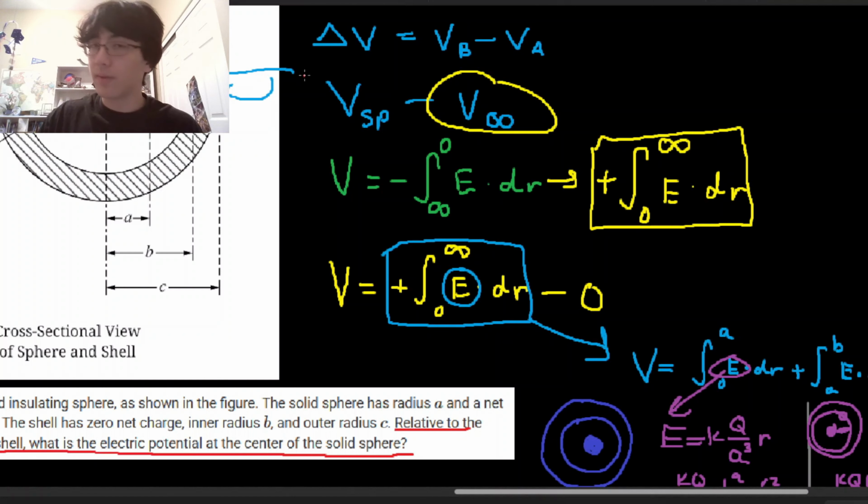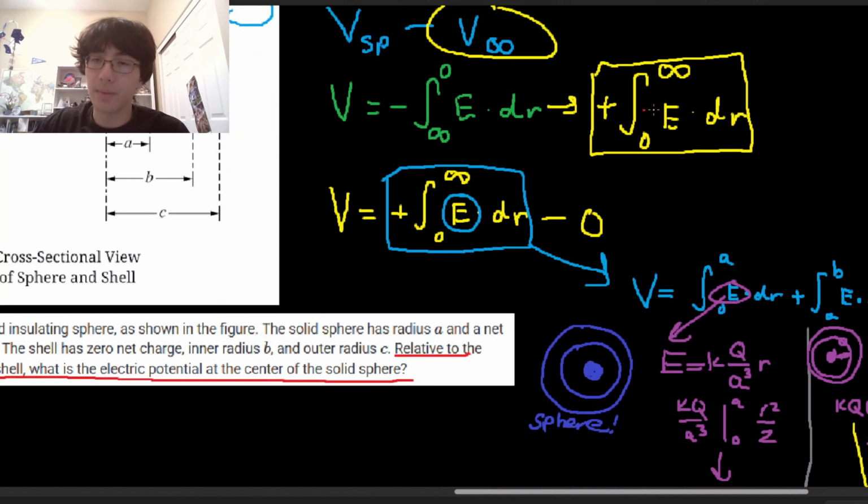Okay, so here's a quick overview of everything we did. First, we defined what electric potential was. We were using infinity as our initial point, and 0 in the middle of the solid sphere as our final point. So we used the equation from the equation sheet, V equals the negative integral of E. We used a calculus tool and turned it positive, and then we turned it into this equation: V equals the positive integral from infinity to 0 of electric field. V is our answer, of course.